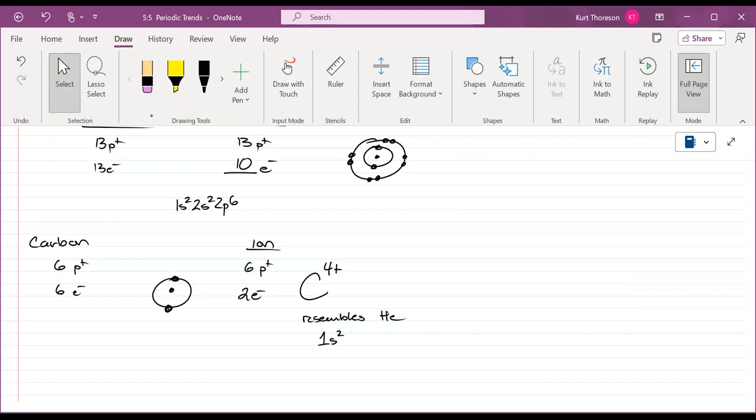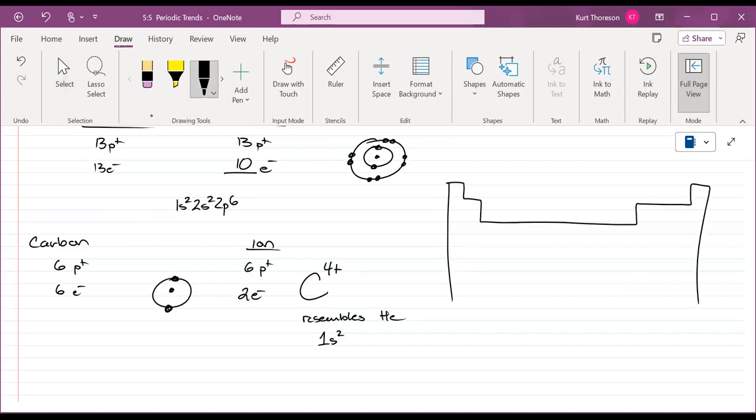Is the radius getting bigger or smaller as you go from 1 to 2 to 13? Yes. And that's where I'm going to write this down on your paper, but then we've got to have a break. So draw yourself a little outline of the periodic table. Draw a dotted line like this, right after group 13.